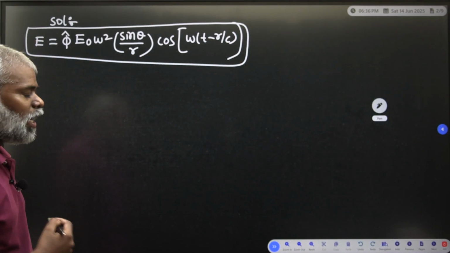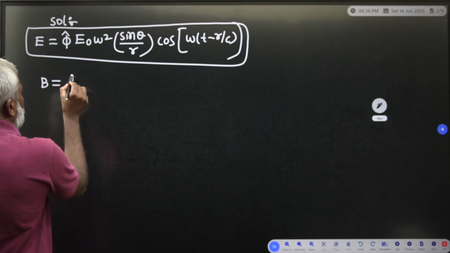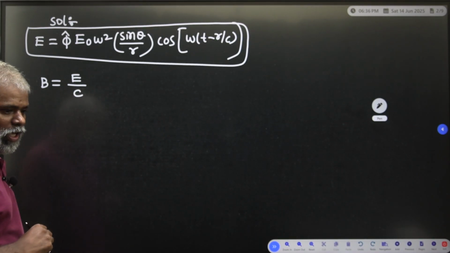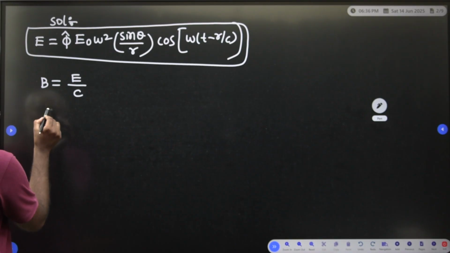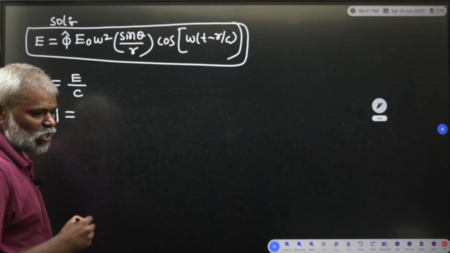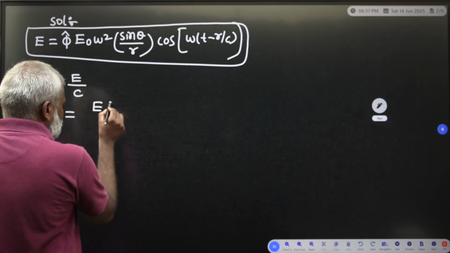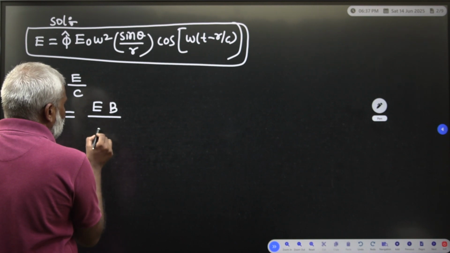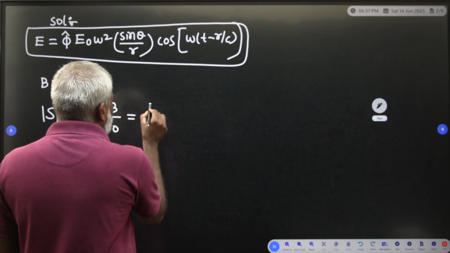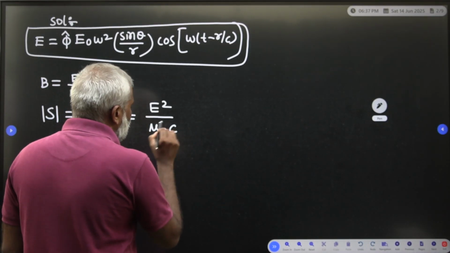Now we know that if we know the electric field, we are able to calculate the magnetic field, that is B is equal to E by c. Therefore the modulus of the Poynting vector is E cross B, that is E into B divided by mu naught. Substituting B, we get E square divided by mu naught into c.